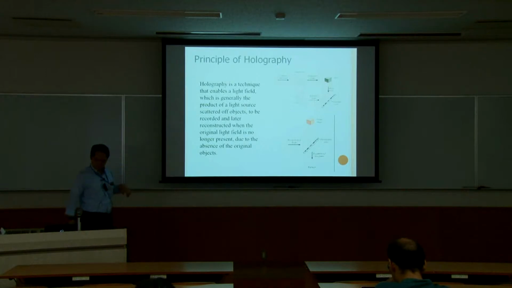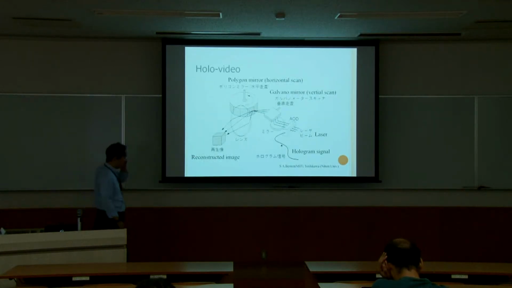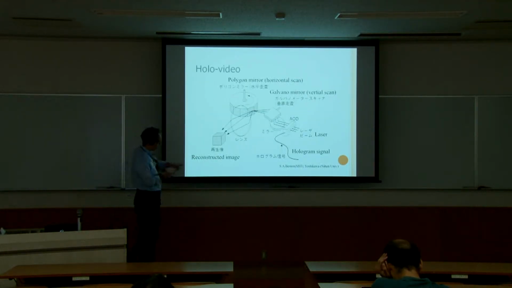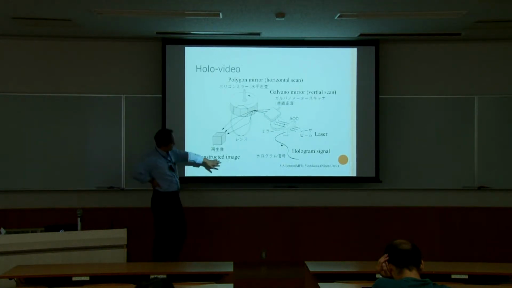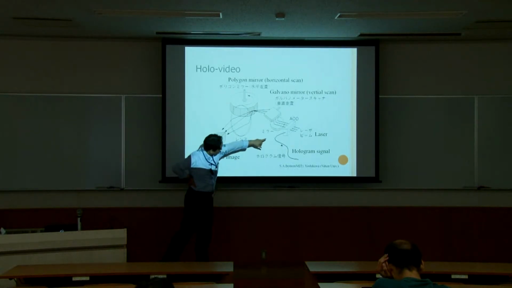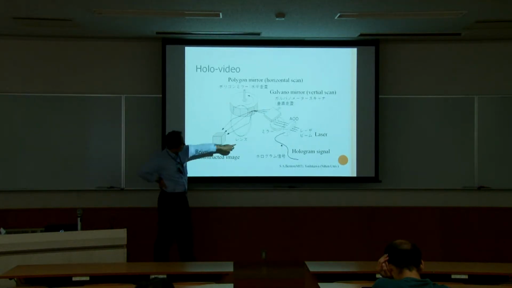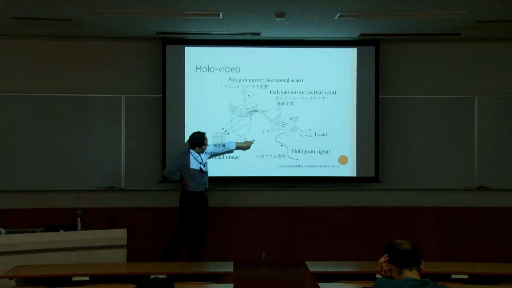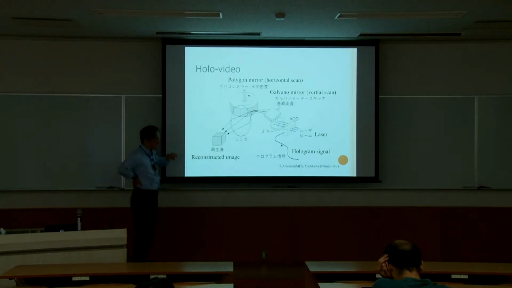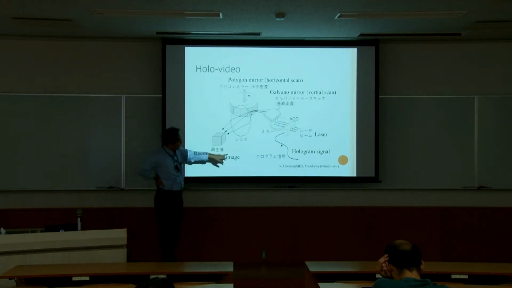About 1989, Professor Benton of MIT invented this kind of holographic video. This is a very interesting technique. The fringe pattern is fed to an optical SLM, a spatial light modulator.